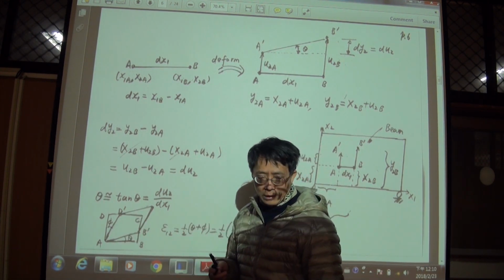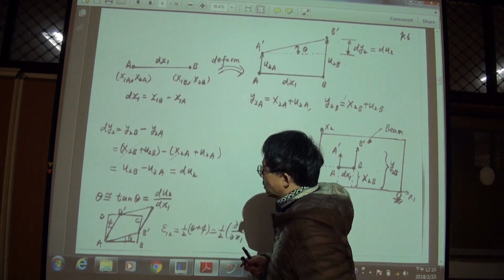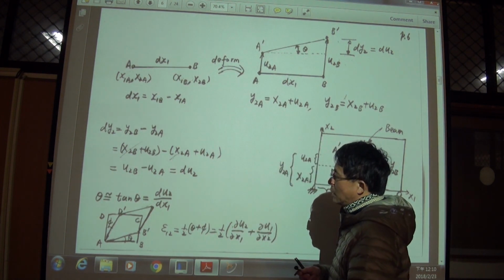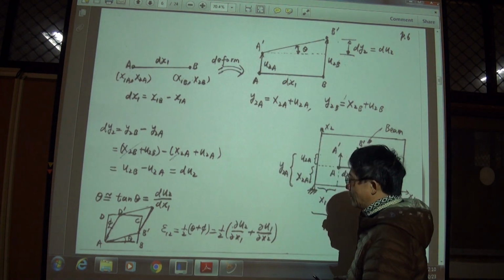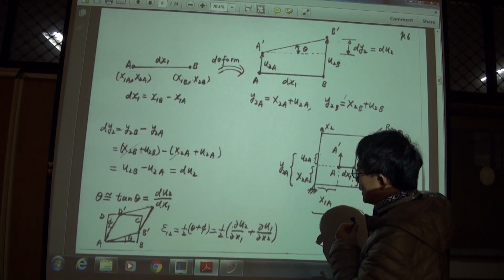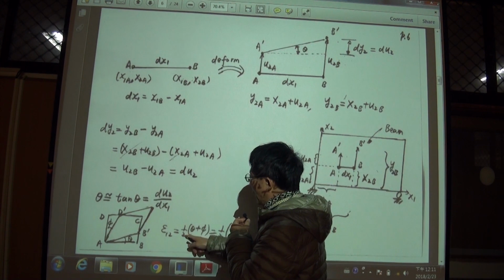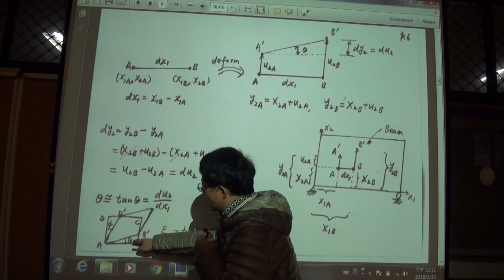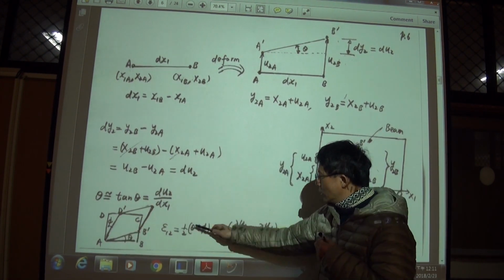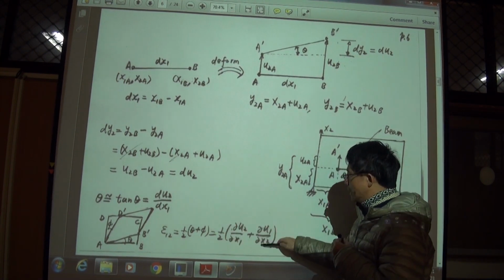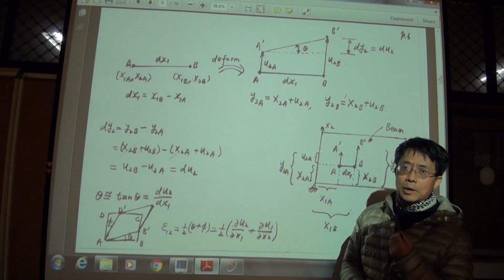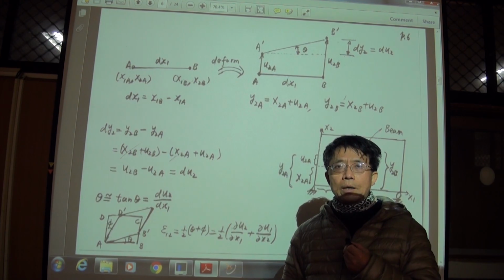We don't want to talk about too many details. They are similar. So in the same way, shear strain is equal to 1/2 (theta plus phi), where theta equals this one and phi equals this one. This is the interpretation of the shear strain.